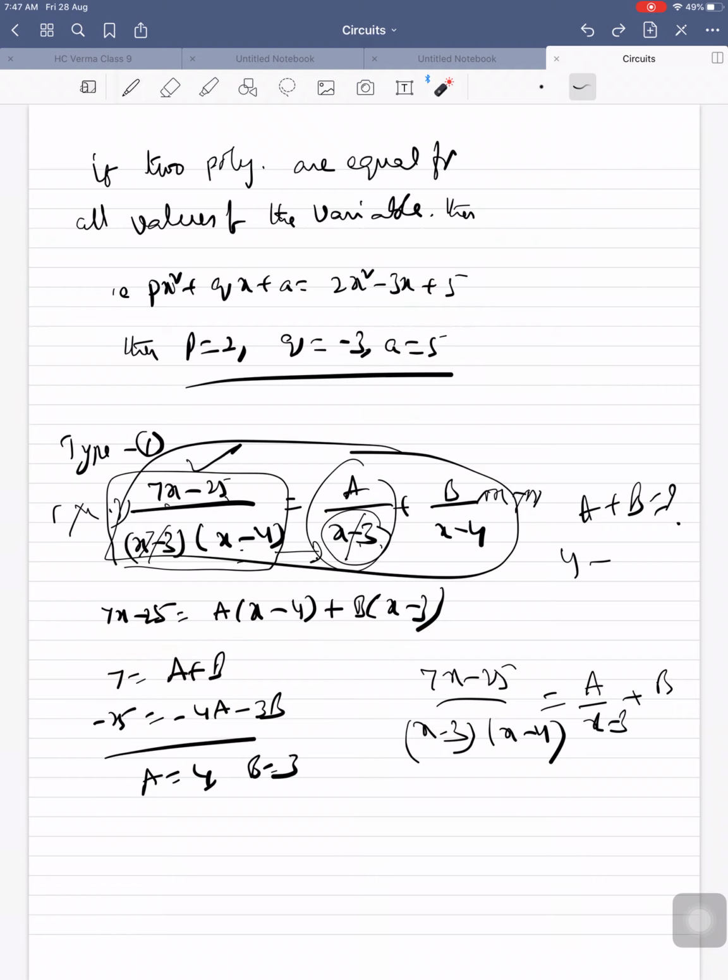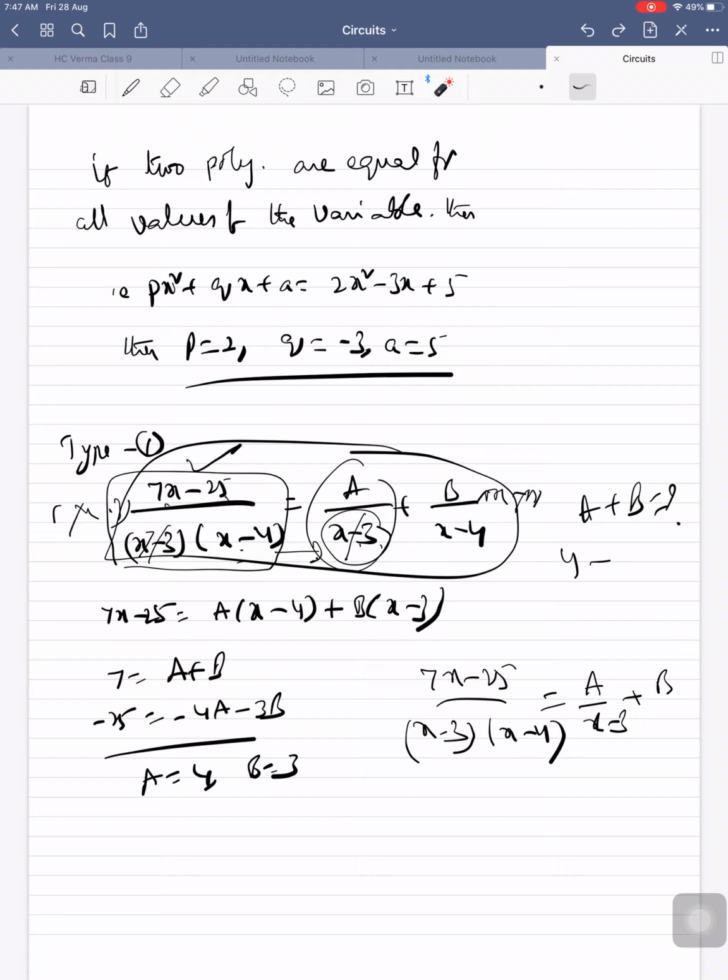Now equate the x components on both sides and the constants on both sides. So you'll find 7 equal to A plus B, and minus 25 equal to minus 4A minus 3B. Then you solve these two equations with two unknowns.